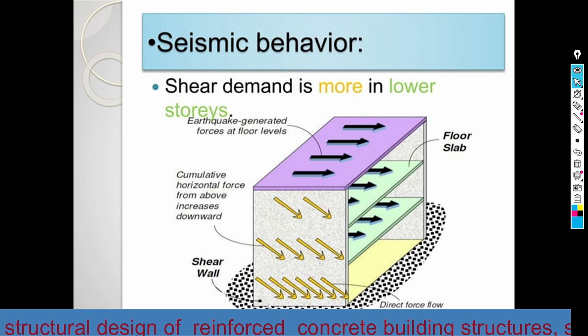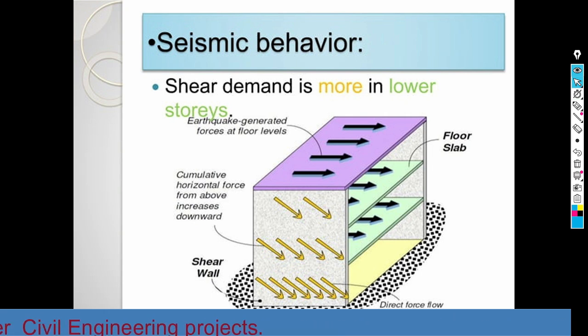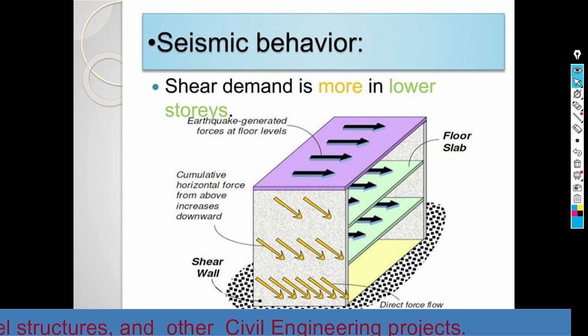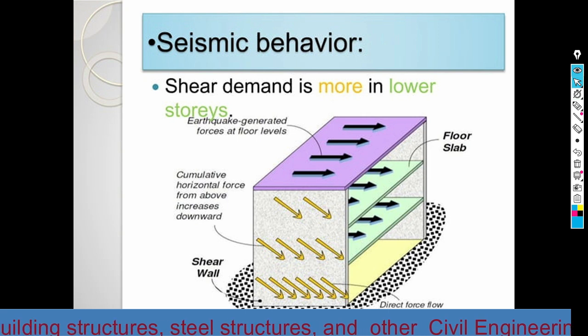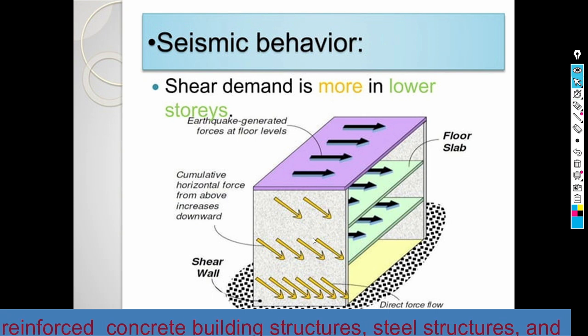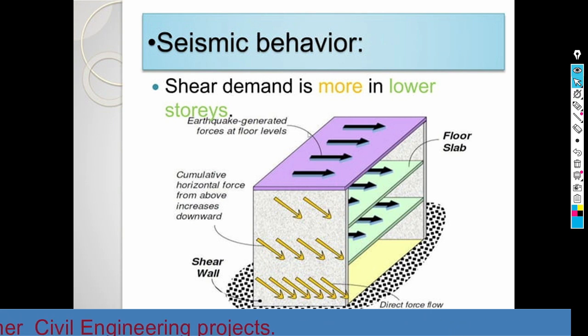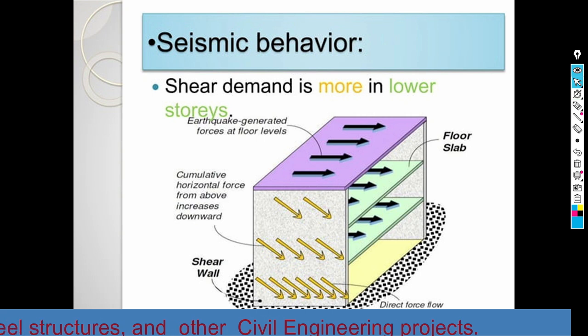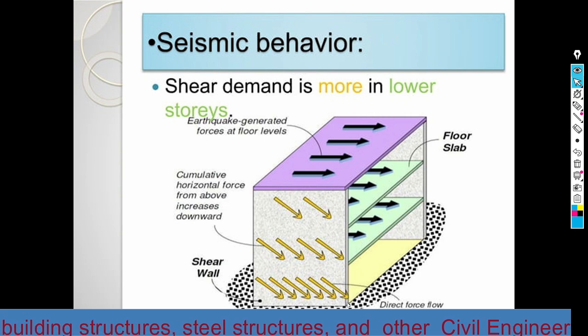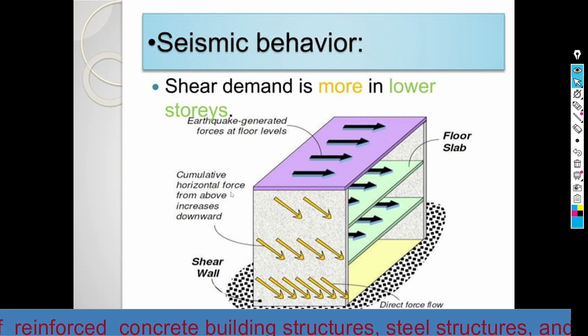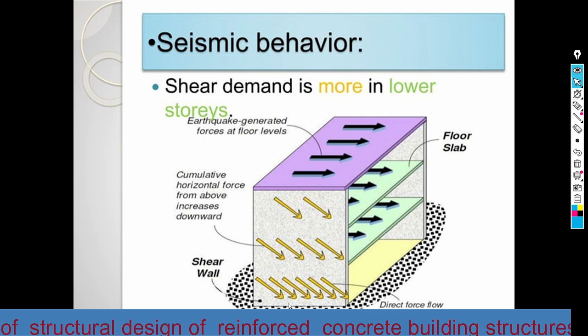So finally there will be higher base shear at the base of the foundation. So the shear wall has to be designed for base shear. As we said previously, the shear wall has to resist the lateral force plus the shear force.